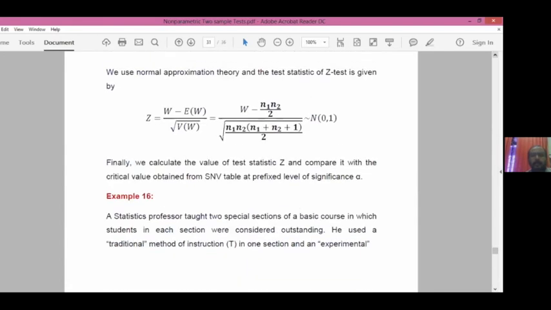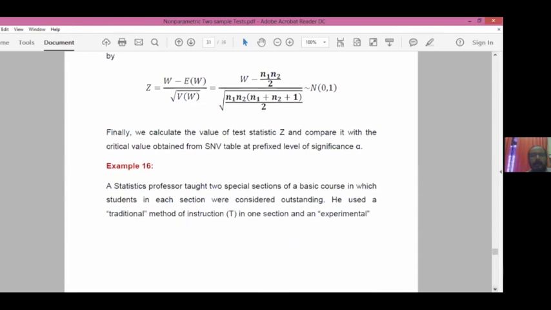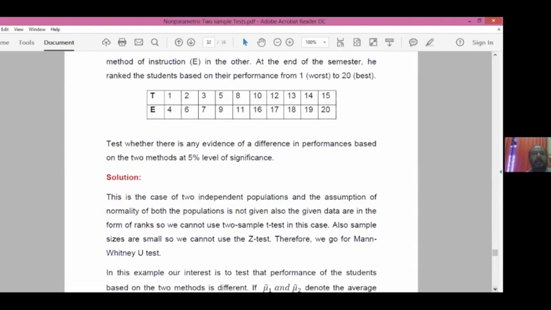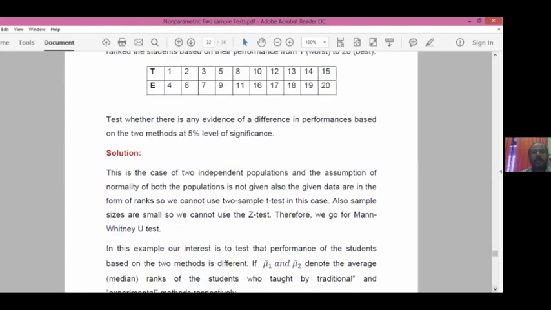So this is the problem given, and the data is given. Medium of instruction. Look at the rank. This is the rank given, and the question is whether there is evidence of a difference in performance based on 2 methods.